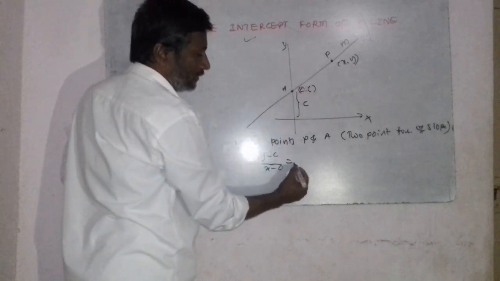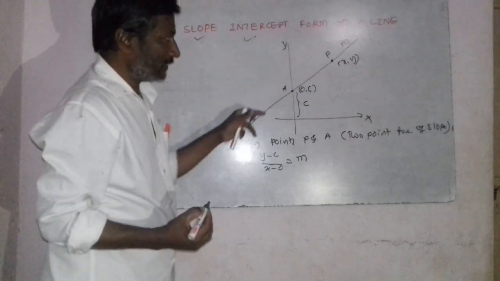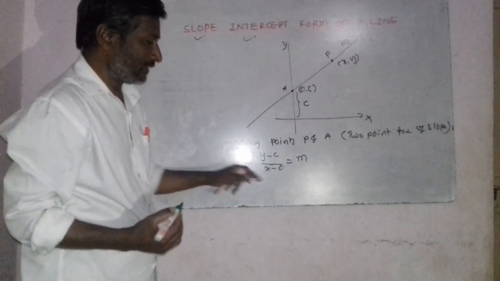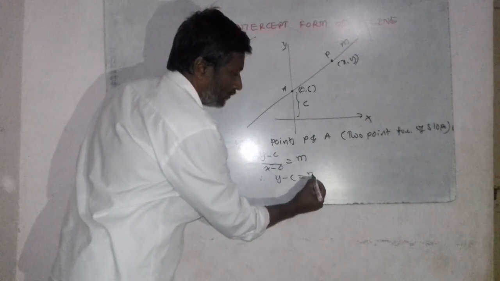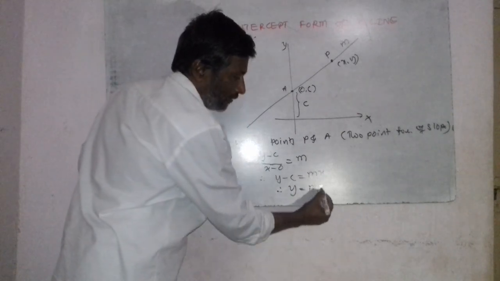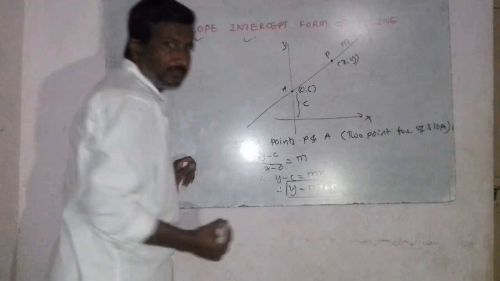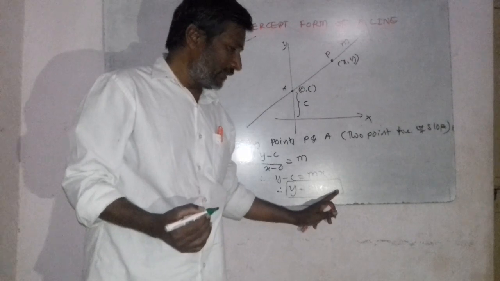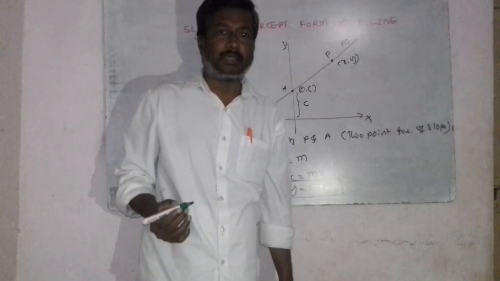This is given as the slope, that is equal to m. The slope is given by m equal to y minus y1 divided by x minus x1. Therefore, y minus c equal to mx. Therefore, y equal to mx plus c. Y equal to mx plus c is known as the slope intercept form of a line.